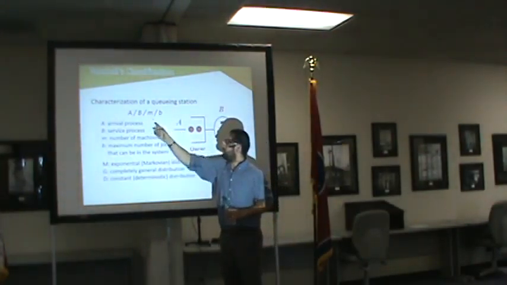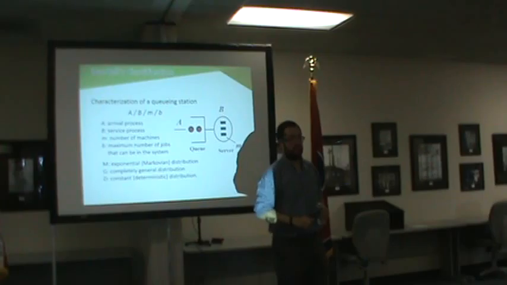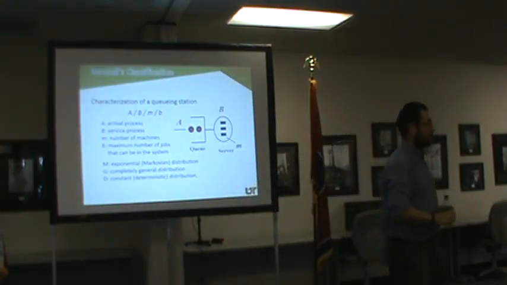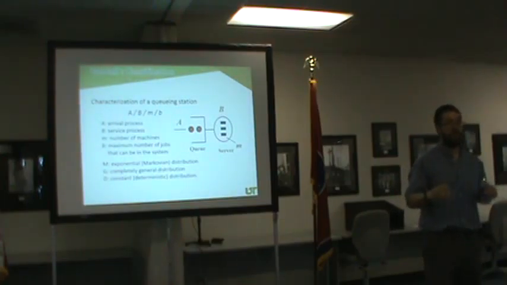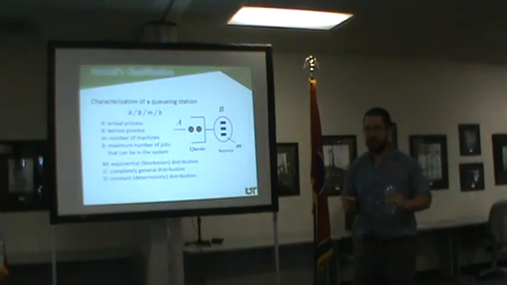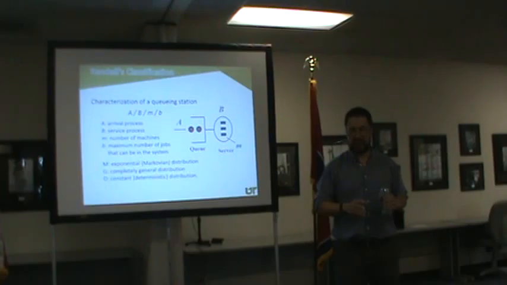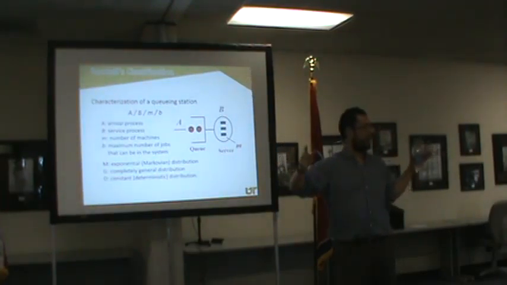And B is less likely to appear because when you model these types of things, traditionally it's very difficult to find a line that grows beyond a certain capacity.